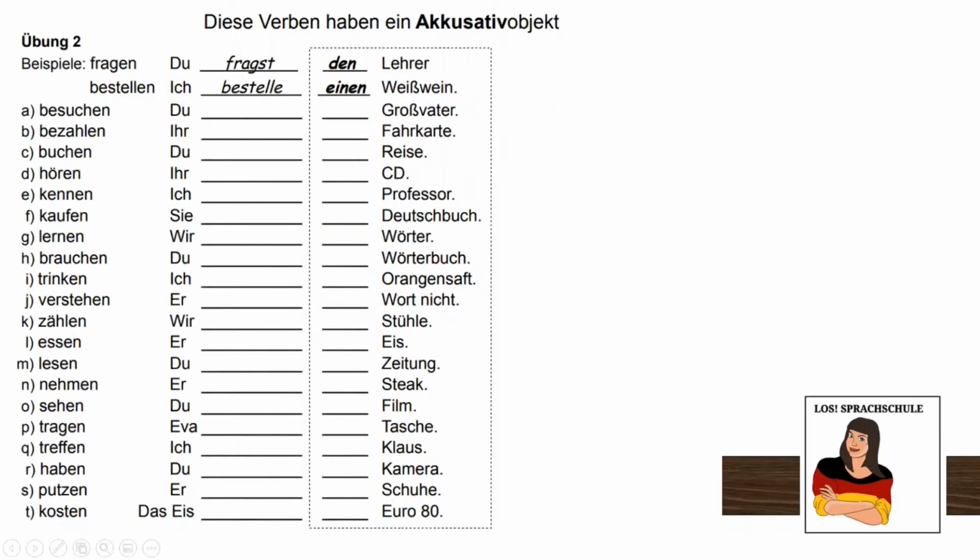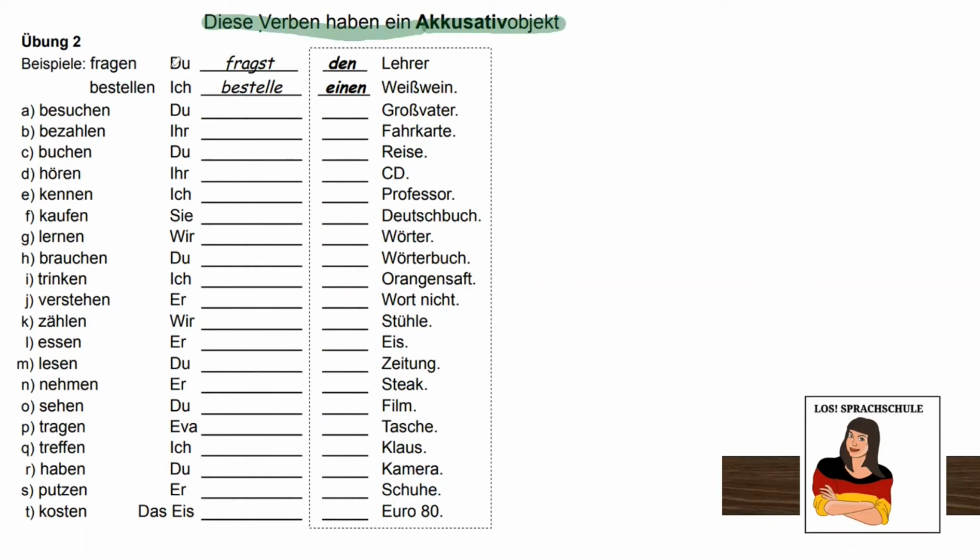The last exercise for today is this little thing here. As I said before, the verbs are deciding what needs accusative or dative. And in this case, of course, we're talking about accusative. Diese Verben haben ein Akkusativobjekt. Those verbs have an object in accusative. Let's see the example.